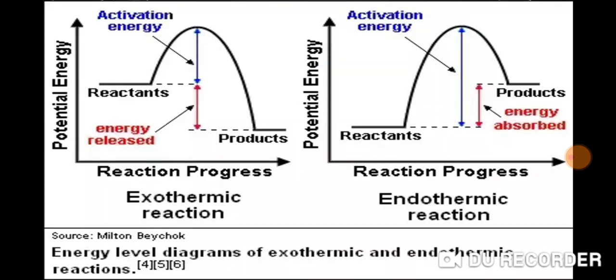Every reaction has an activation energy limit, the proper heat level at which any reaction starts working. For example, in this graph you can see a reaction is taking place, that is an exothermic reaction in which reactants and products are in line.